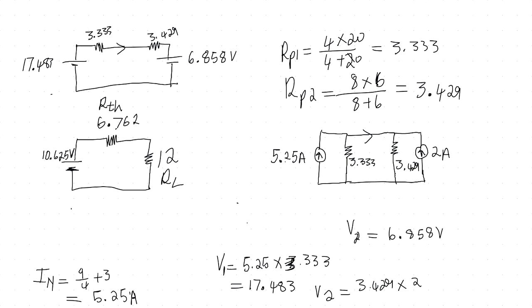So now let's find the current through the 12 ohm load. IL is equal to 10 divided by 6.762 plus 12.